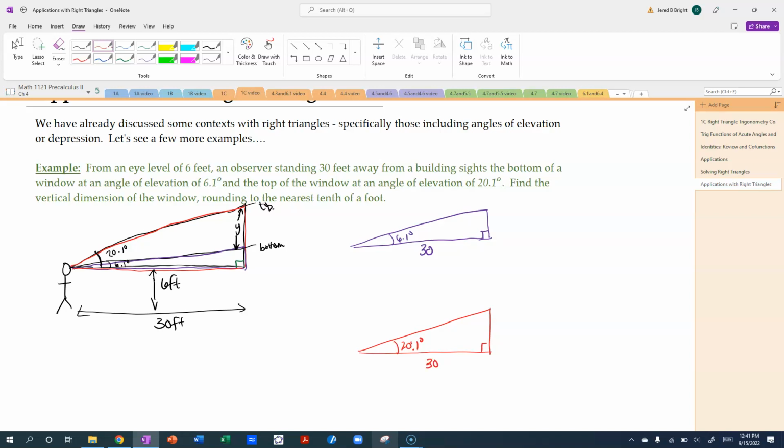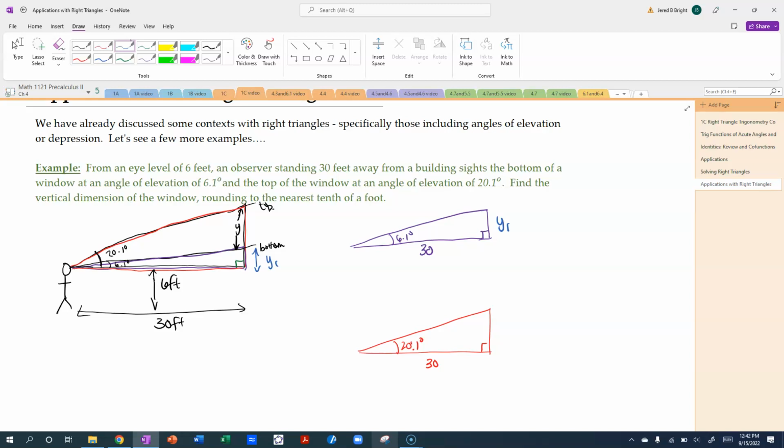So what is it that I have and what is it that I want? There's a lot going on here. I want to find y, but I notice there are a few other vertical dimensions. I can find this part, so let's call this y1. I can find that height with sine or tangent.